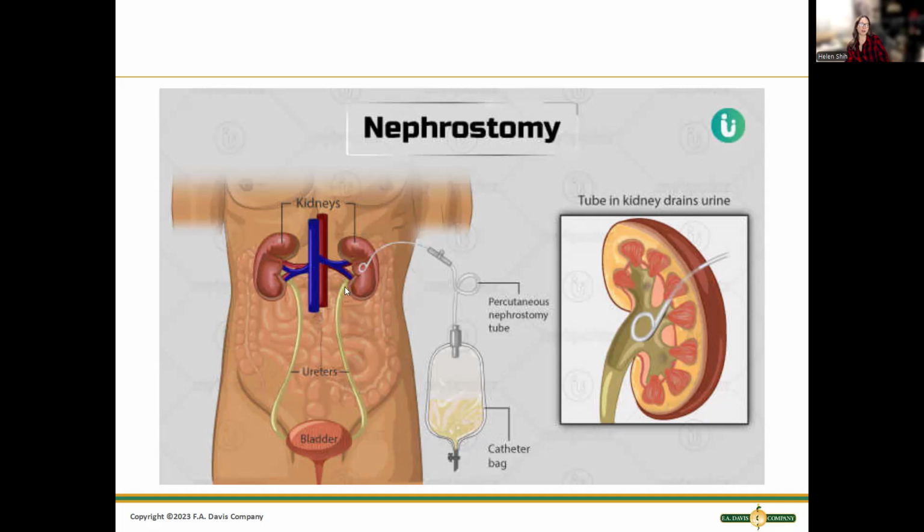So if both kidneys have a nephrostomy tube, you cannot combine the specimens from both nephrostomy tubes. You have to record them separately because one of them could potentially still be healthy while the other one has hydronephrosis and therefore is not functioning as well.